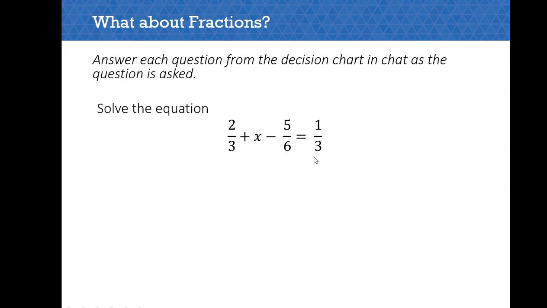So if I go to yes, notice that there are two separate instructions, one for fractions and one for decimals. For fractions, it tells you to multiply by the LCM. Now, when we start talking about multiplying by the LCM, we need to make sure we remember what the LCM is.